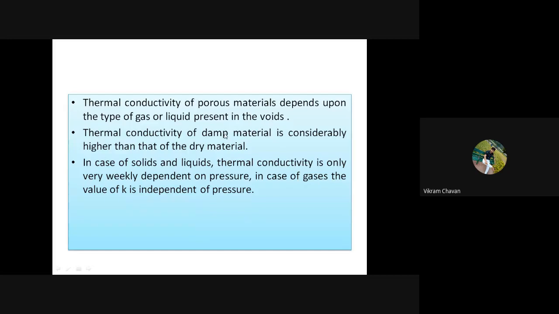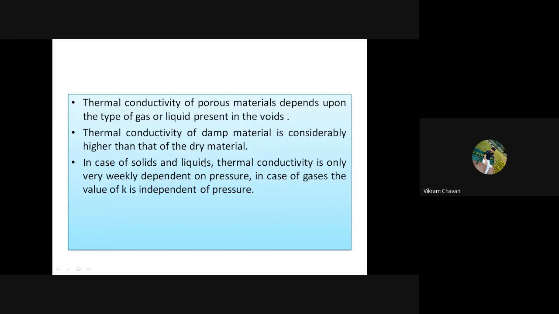Damp means moist, wet. If liquid is present in the material, we can say it is a damp material. So the thermal conductivity of a damp material is considerably higher than that of the dry material.